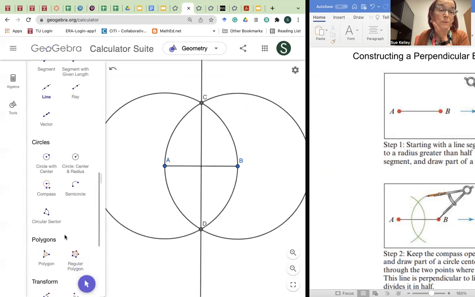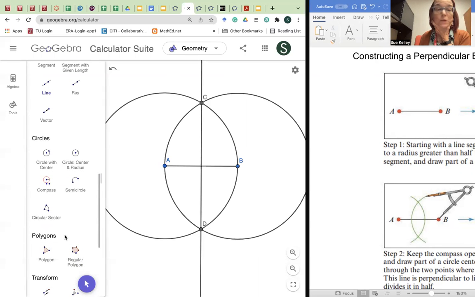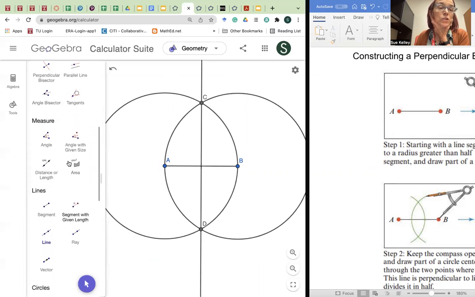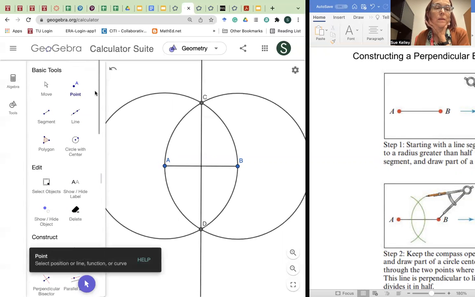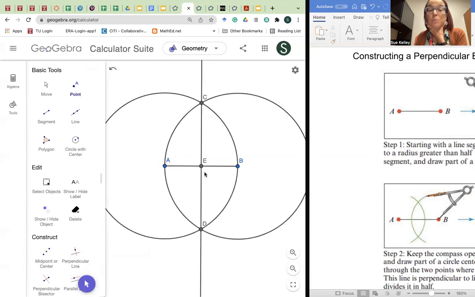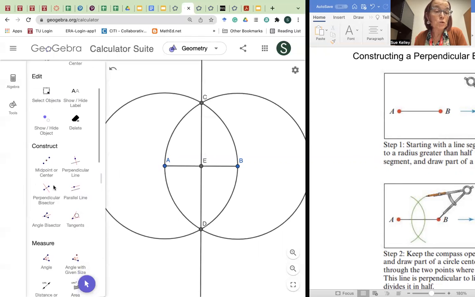So if you do not believe me, I don't blame you. So what I'm going to do, and you can do this too, is put a point here between A and B. Supposedly this is the halfway point. So I'm going to measure it.